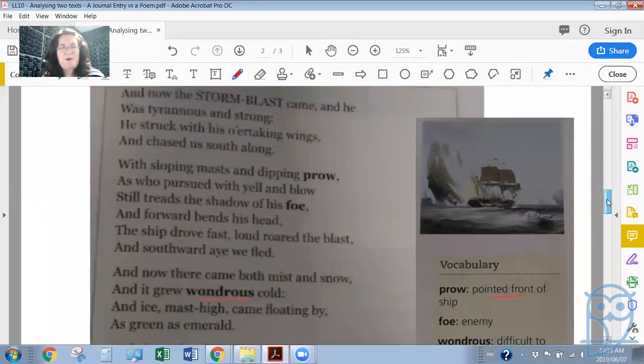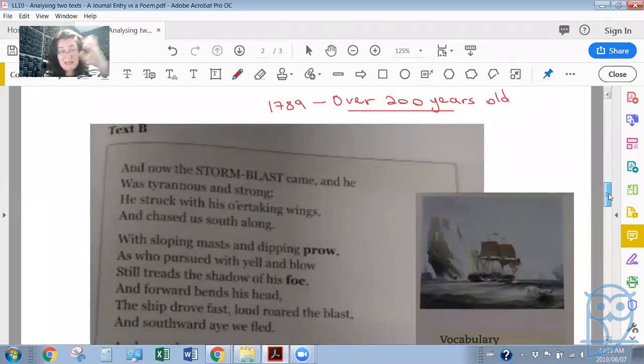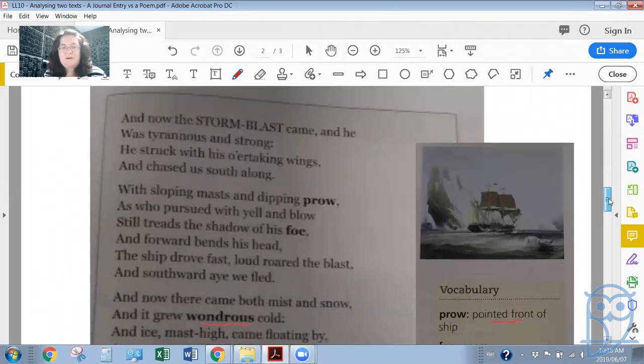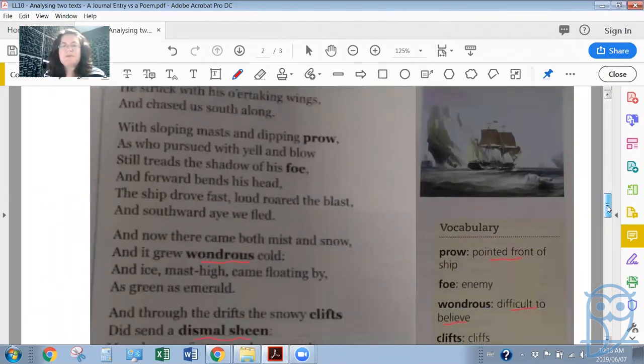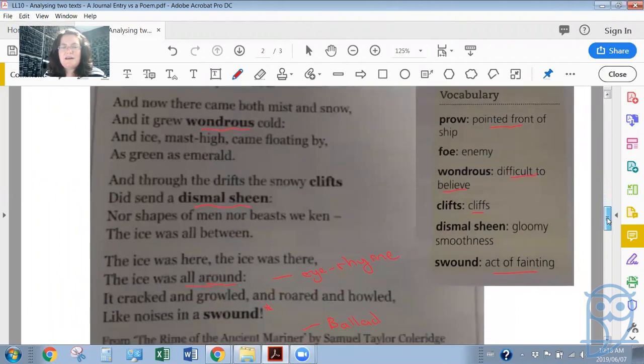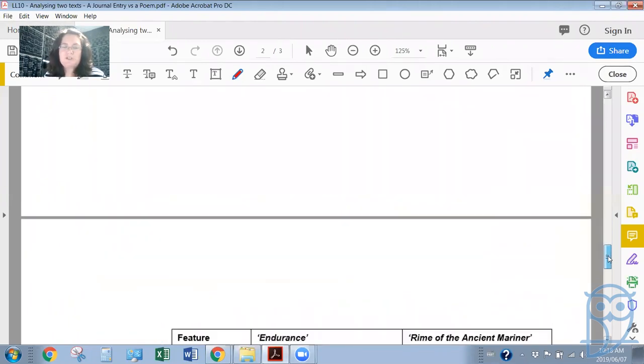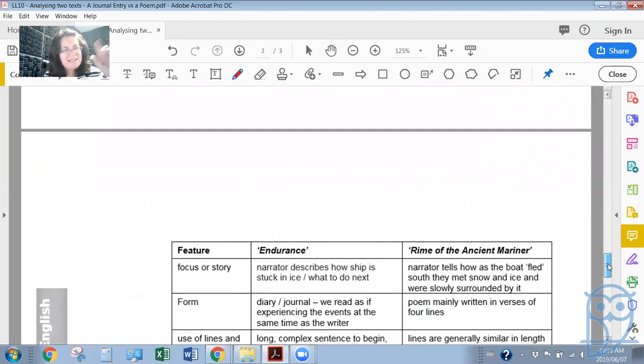And it's almost as if the poem has a bit more impact because it's as though it draws us into the moment. Okay. Right, so let's have a look at how you would go about analyzing the two different texts.